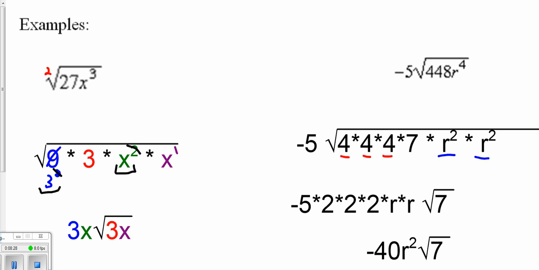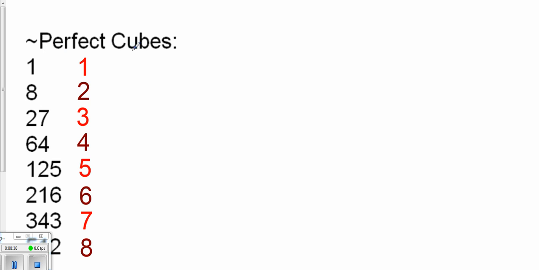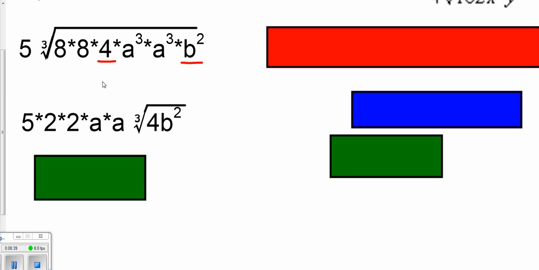Now again, where I got that from is I just found my perfect cubes. Perfect cube of 8 is 2, because 2 times 2 times 2 is 8. So when I have a cubic root and 8's under here, those can come out and become 2's.